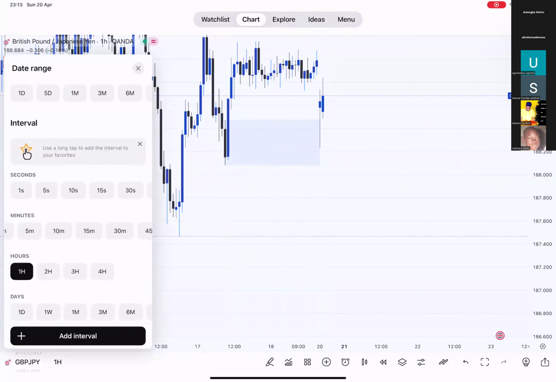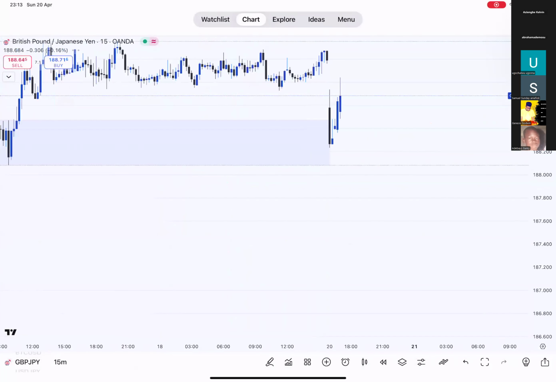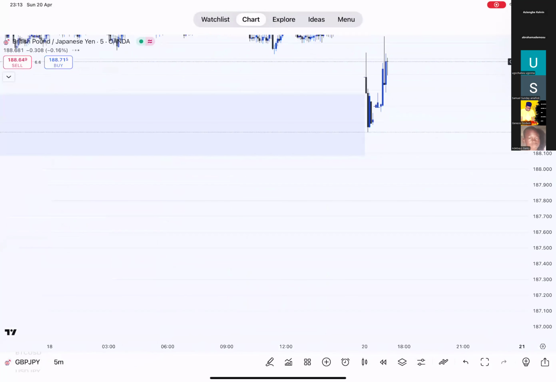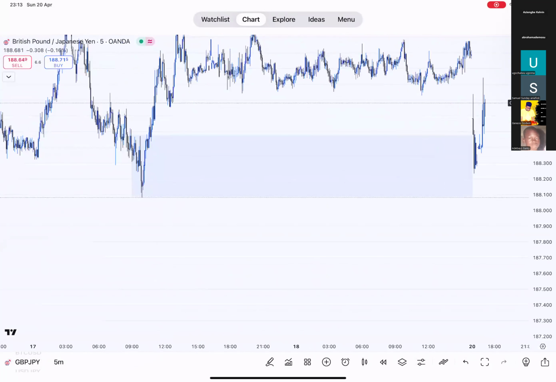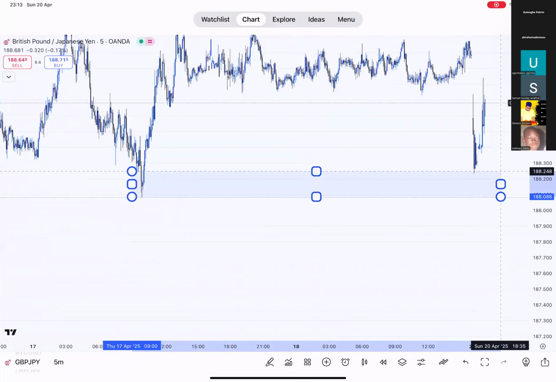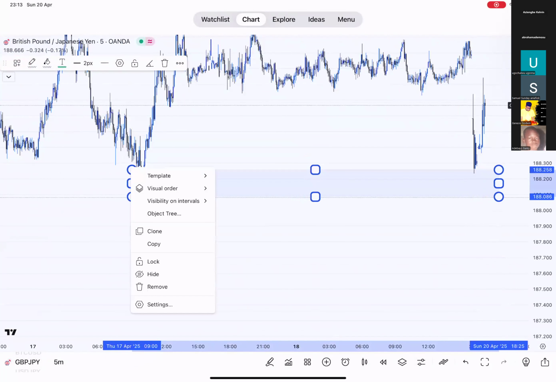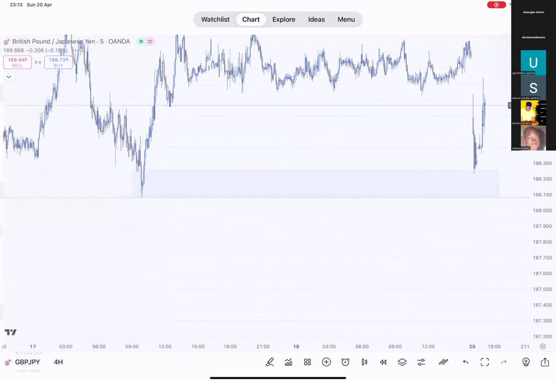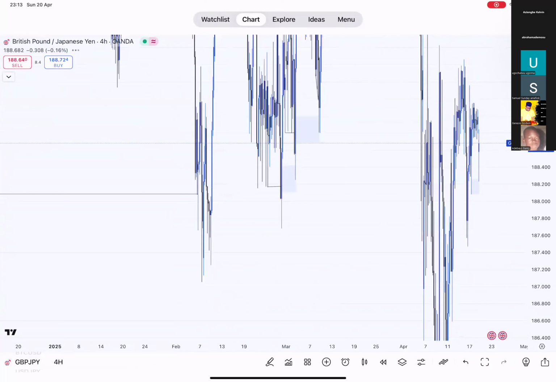You can go to a lower time frame and see the order block minimized like this. Then if you go to a bigger time frame, it will look like I marked the zone from the wick.